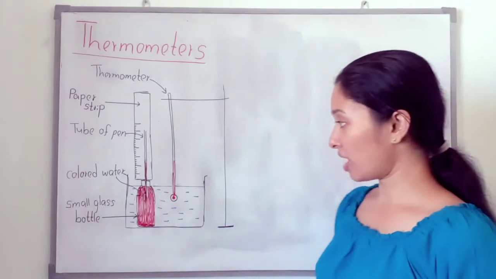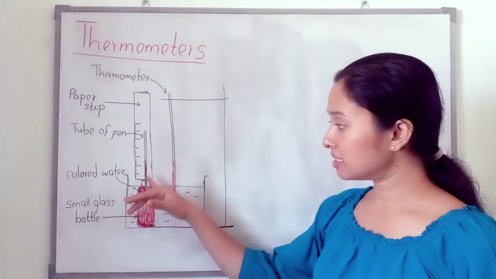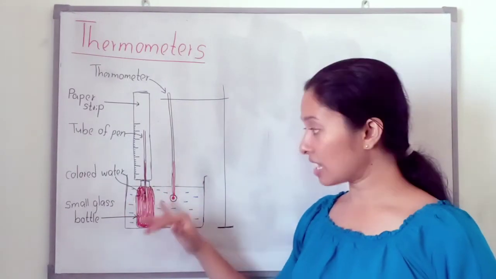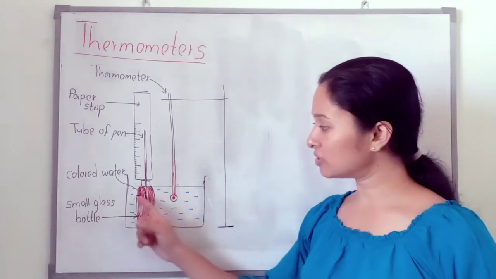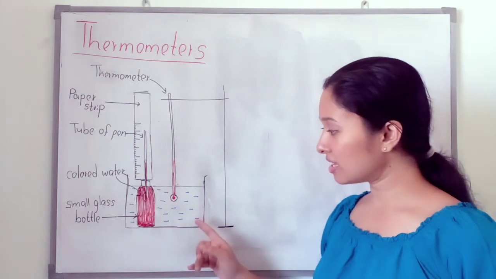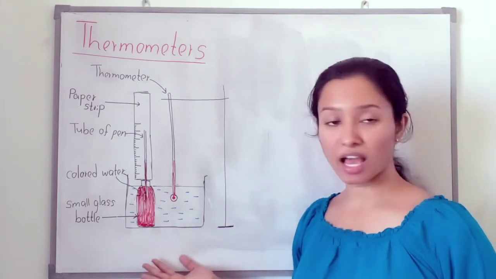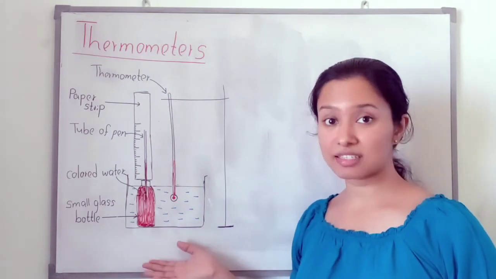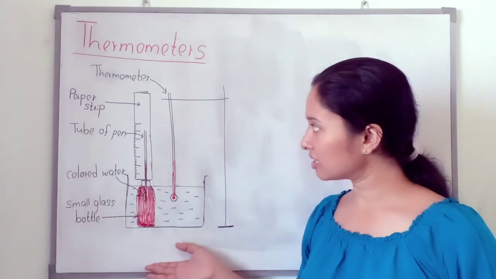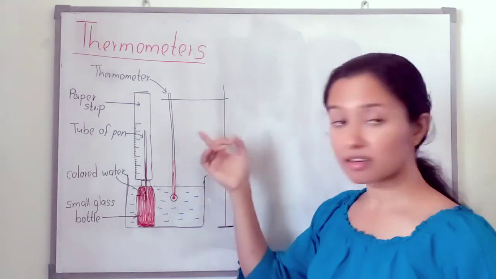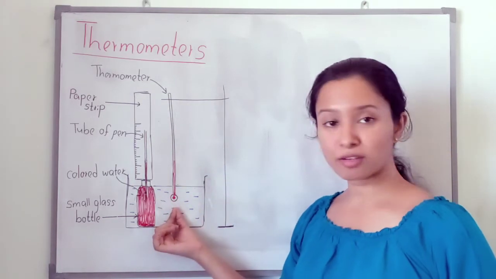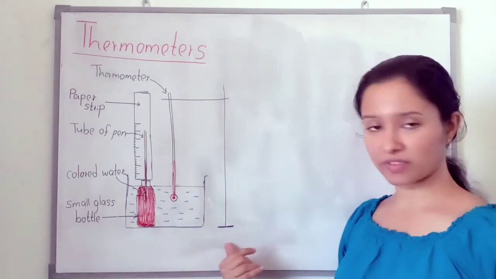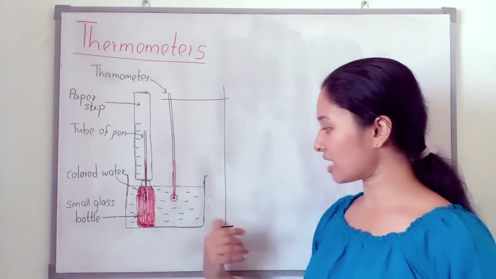Now you have to dip this colored glass bottle in a beaker filled with water. Then slowly we have to heat this beaker. And take a thermometer and dip it in the water as in the figure. You have to take a stand for this.